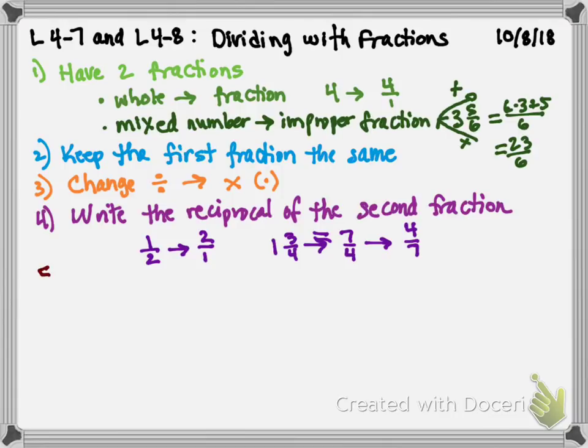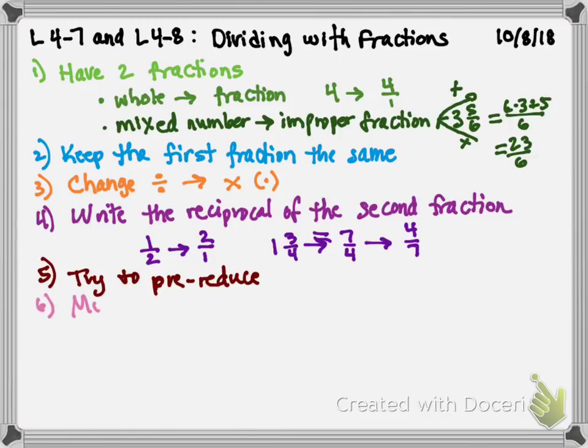And then, just like we would do with multiplying, we're going to try to pre-reduce. I know some of you are not really trying this step, but one way or the other, you're going to have to do some reducing, whether it's before you multiply, making your numbers smaller, then multiply and check your answer, or afterwards. So try to pre-reduce, and you're going to cancel out common factors that you see.